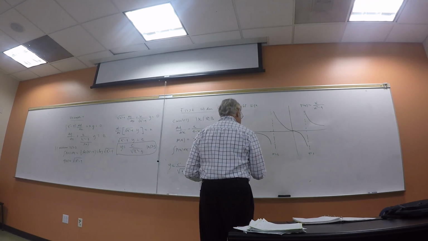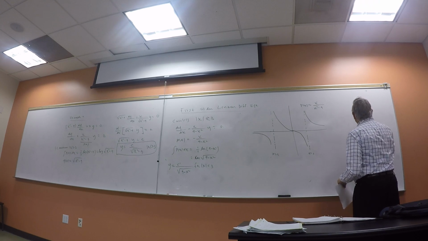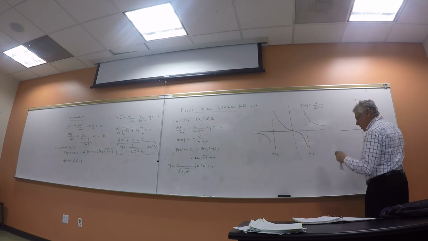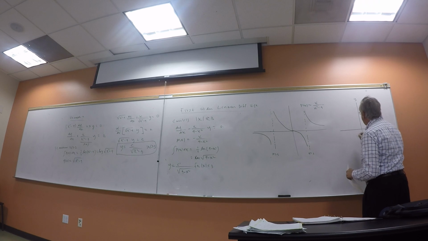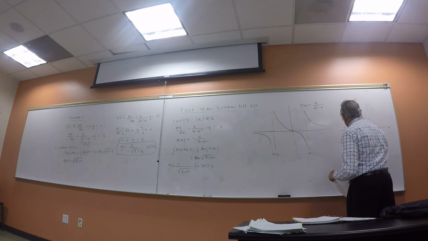Let's look at the solution. That was p of x over here. Now I'm going to graph the solution to the differential equation, y versus x. We know we have asymptotes again at x equal to 3. We got another asymptote over here at x equal to negative 3.